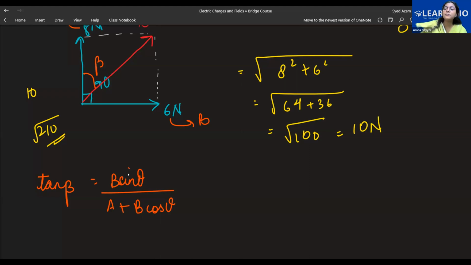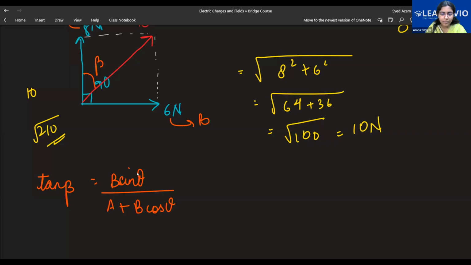You just have to tell beta is with respect to what. Like if Hadia has taken this as beta, she will answer that tan inverse this much angle with respect to 8 Newton. So you can take any of it that you need to answer properly. You need to justify your answer.